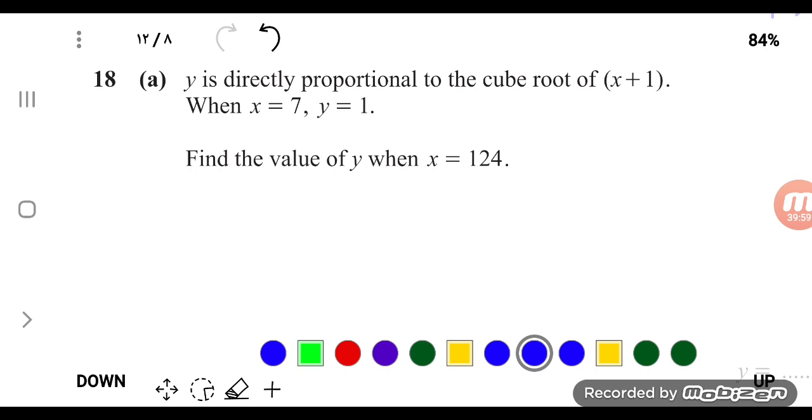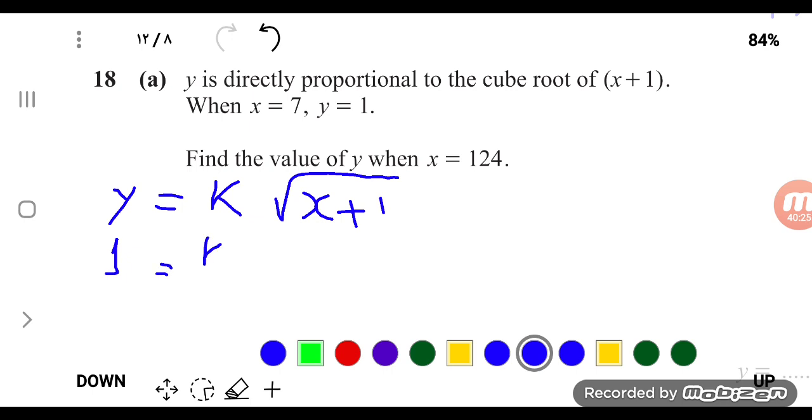So you can write y is equal to k times cube root of x plus 1. Now here you have to calculate k. You are given x is 7 when y is 1. K we don't have it. So 1 equals k times cube root of 7 plus 1.